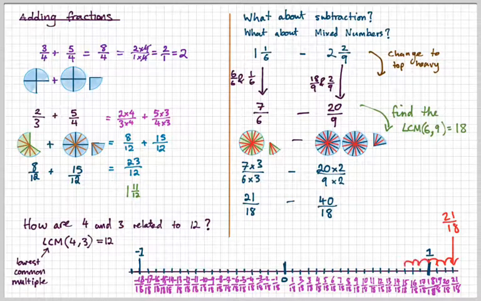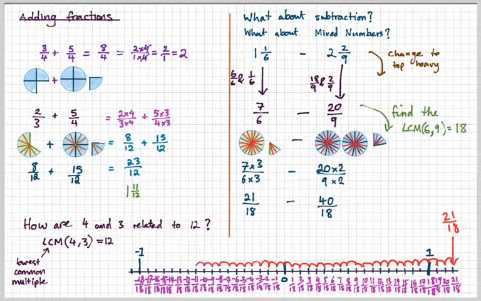Subtract 1 eighteenth, 2 eighteenths, 3, 4, 5, 6, 7 eighteenths, etc. If I've gone to 0, I've subtracted 21 eighteenths. So now I have 22 eighteenths, 23, 24, 25, 26, 27 eighteenths, etc. And if you keep doing this until you've subtracted 40 eighteenths, you'll get to here.